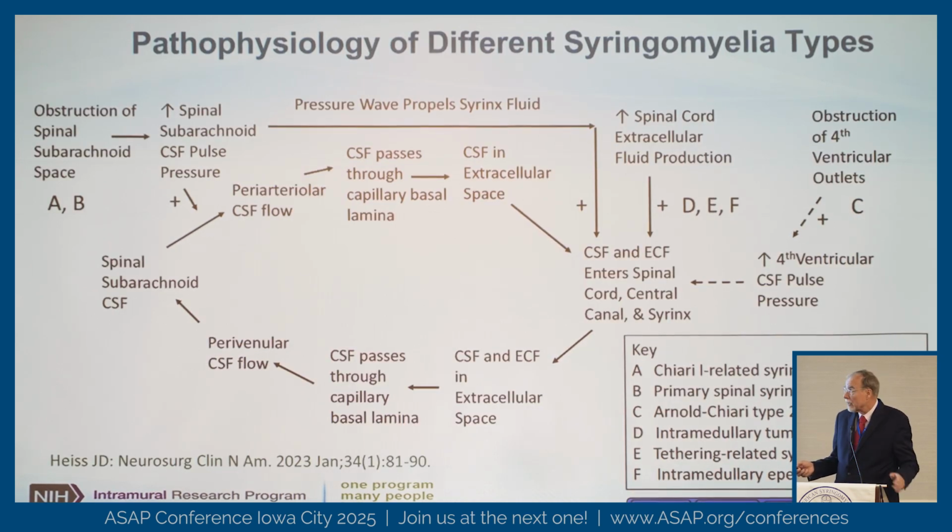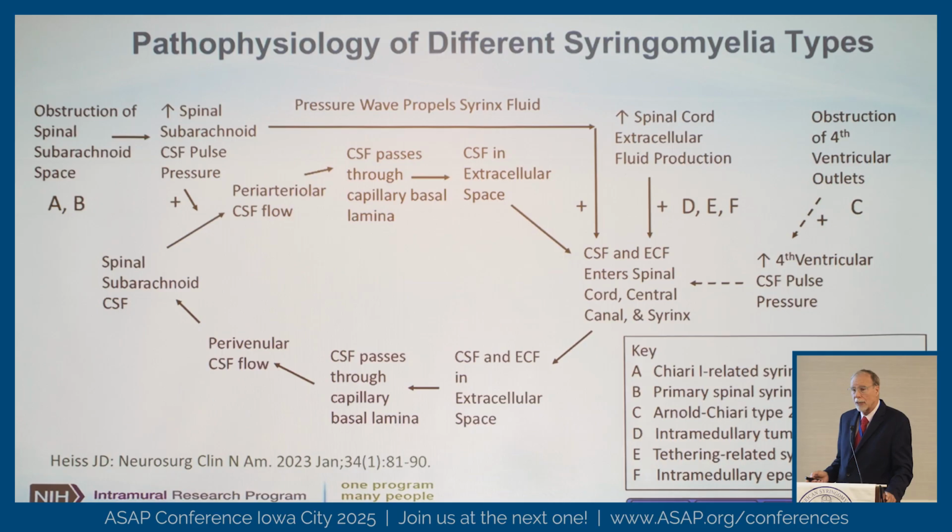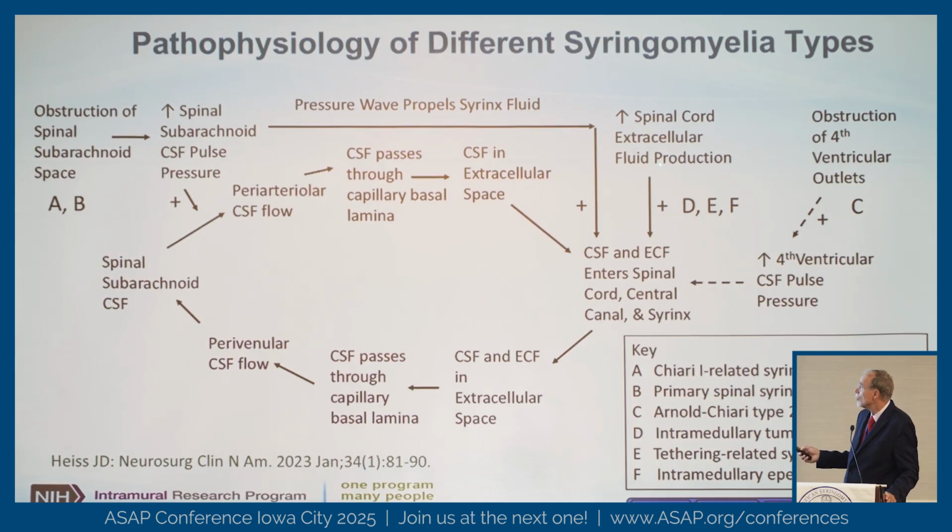So they said there was an algorithm for treating syringomyelia before. This is sort of an algorithm for how syrinxes form. There are syrinxes caused by obstruction of the spinal subarachnoid space, like Chiari and the arachnoid cyst that I showed you, arachnoiditis. Then there are conditions like spinal cord cysts and tumors, where you have increased spinal cord fluid production.